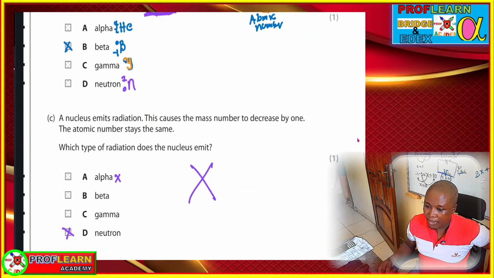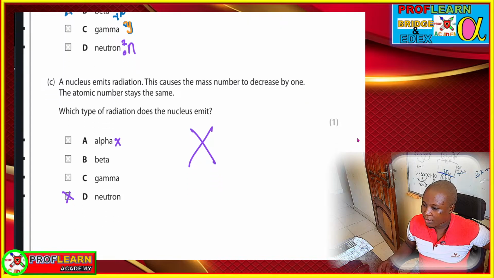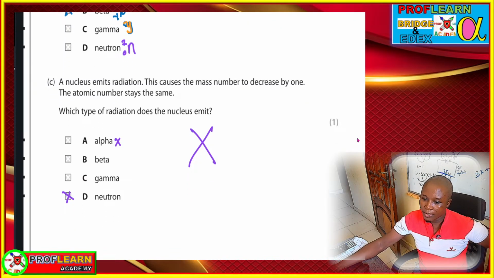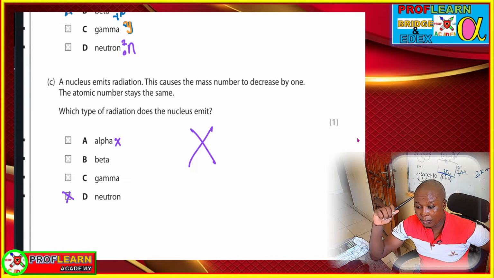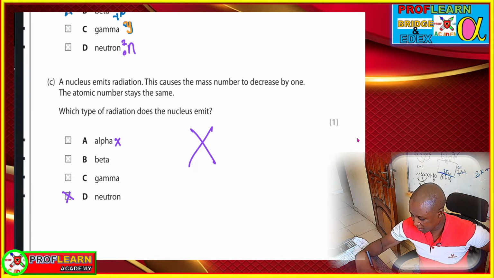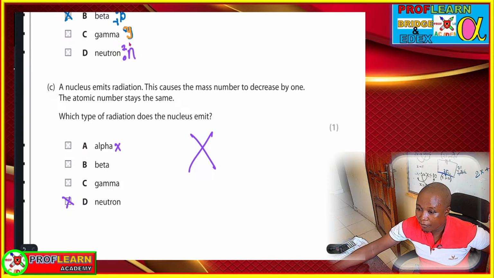Question part C. The nucleus emits radiation. This causes the mass number to decrease by 1 and the atomic number stays the same. So how are we going to identify that? The first thing you need to realize is that a neutron emission is written as 1, 0.